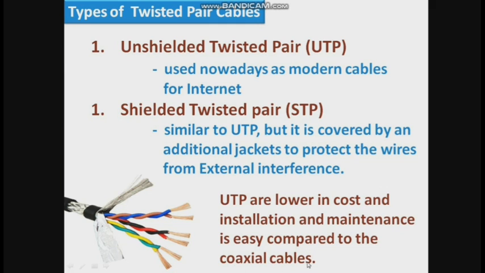Coaxial cable is higher in cost when compared to twisted pair, and coaxial cable is very difficult to install and maintain. But in twisted pair, only 2 wires are there and 8 wires are inserted in a single unit, so it is very easy to install and maintain.